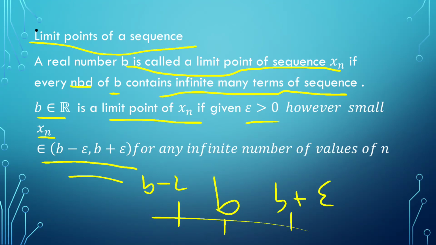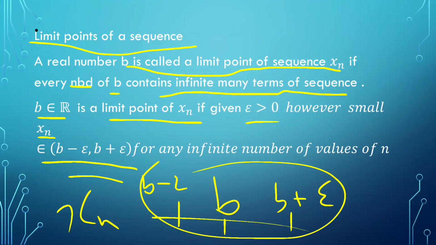So if it happens that the sequence is inside this neighborhood of b, then it implies that it has infinitely many terms of the sequence.